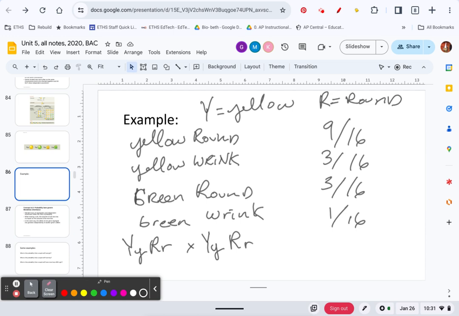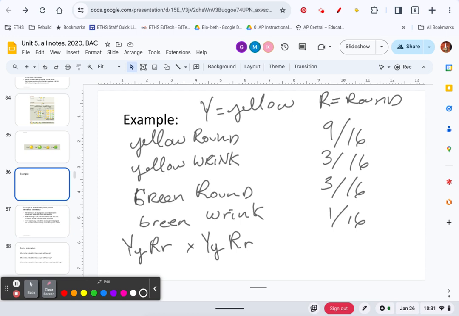Now, I tell you this because you're probably going to get a question on the AP exam, and maybe on mine as well, that asks how many are going to be green and round. It took a while to do the Punnett square, right? It took some time, and when you take the AP exam, time matters.